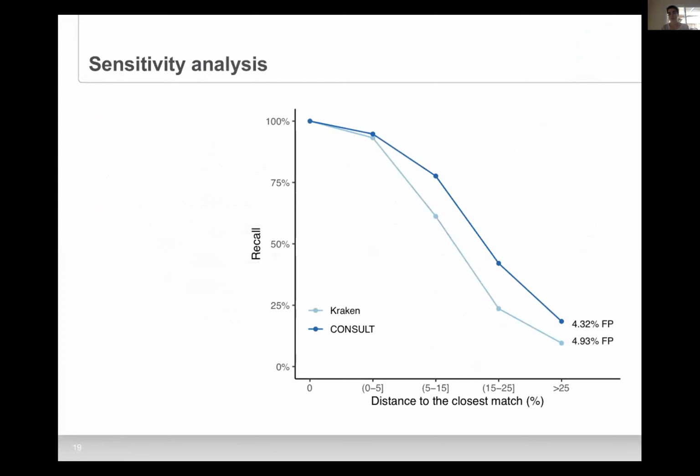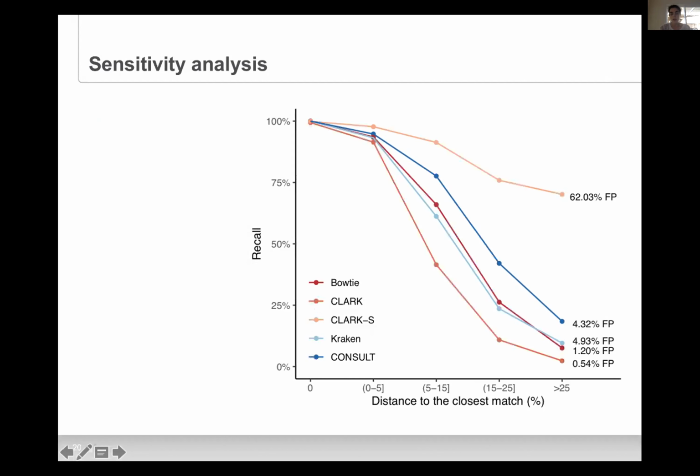The design of this experiment was very similar to the ones that I explained before. So what we basically found is that as long as the query sequence is within 15% to the closest species in a database, we can still match nearly 80% of the reads from such a sample. Again, the performance of Kraken was slightly worse in this case. Here, I also have to point out that the level of false positives was actually quite similar, comparable between the 2 pieces of software.